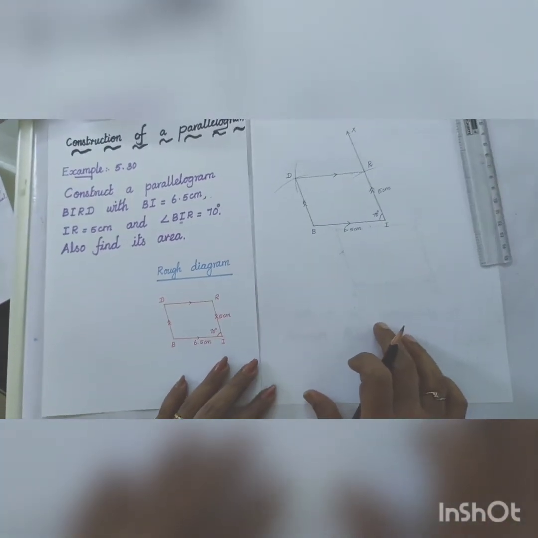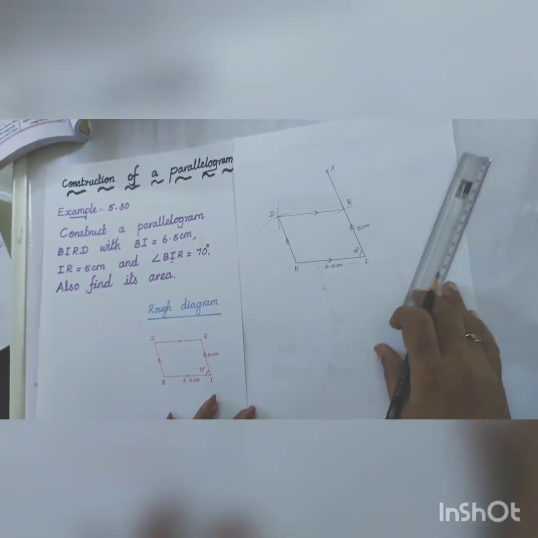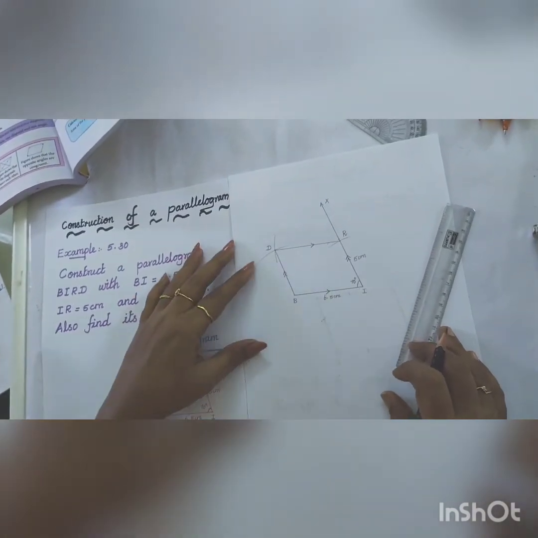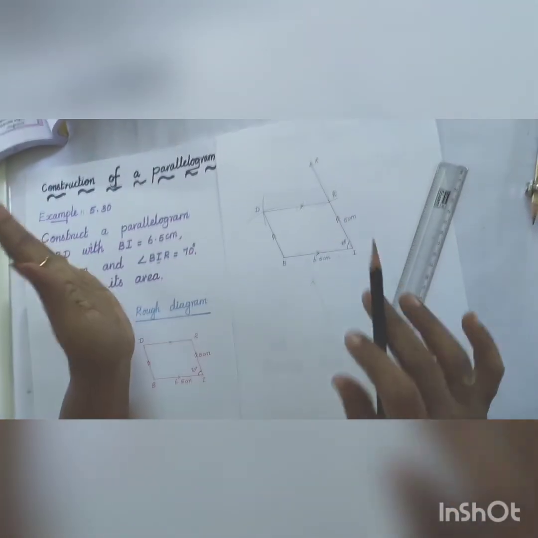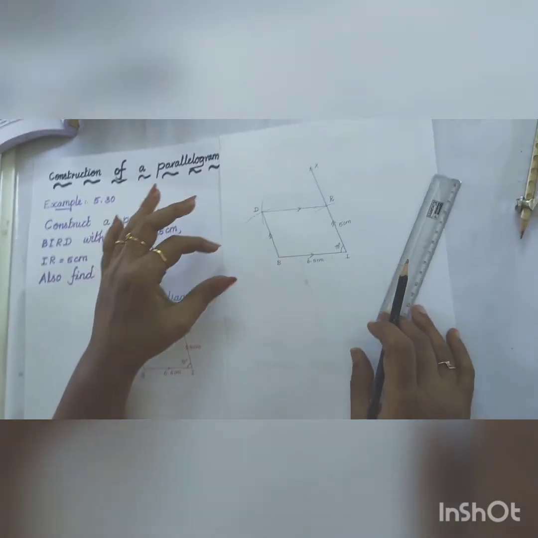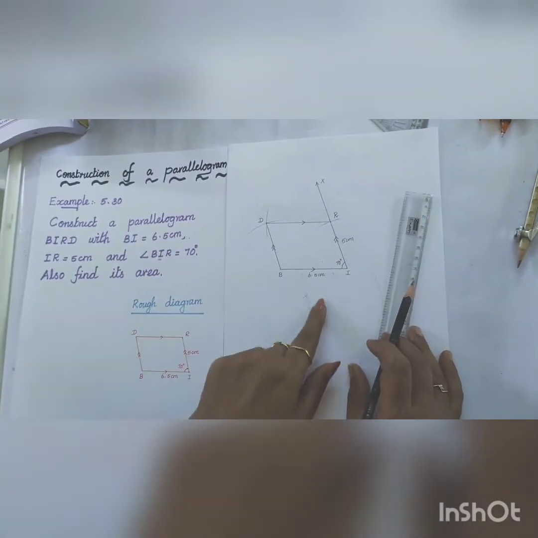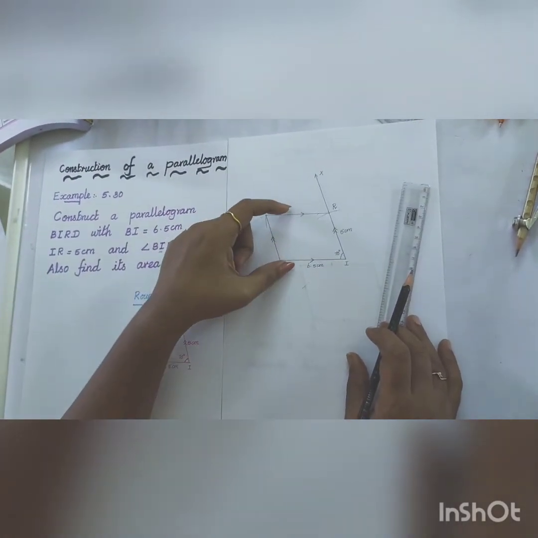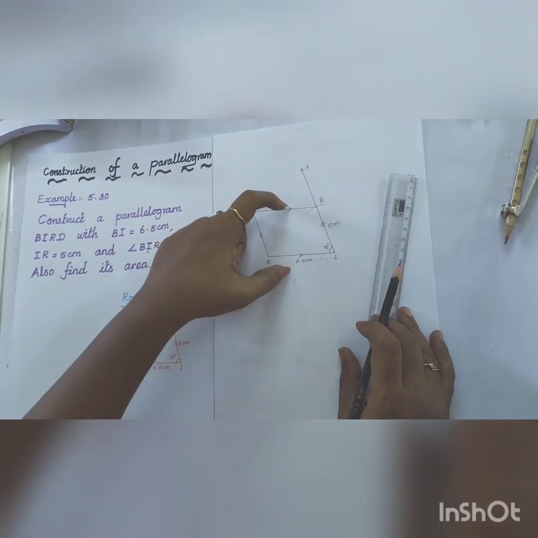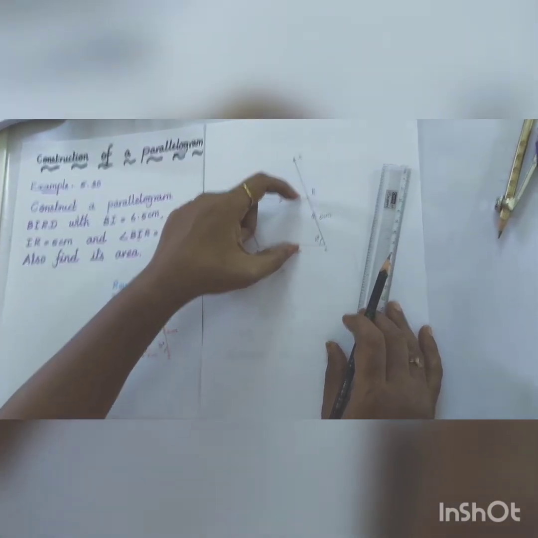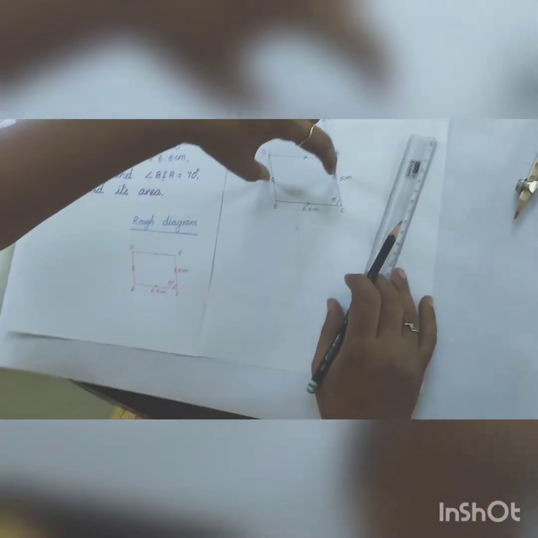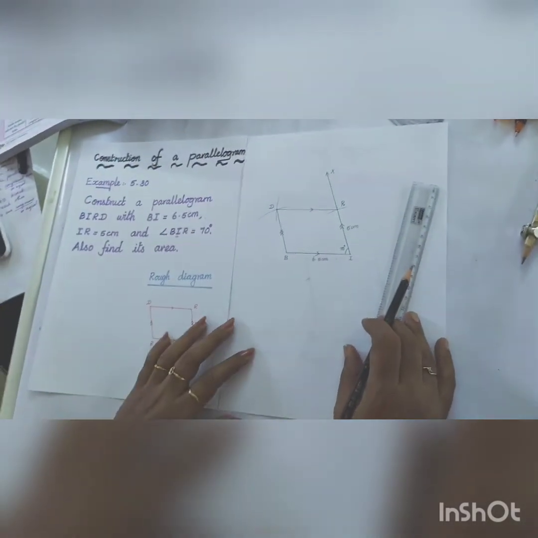Okay. Now one more work is there. This completes your parallelogram. Now we want to draw a perpendicular line between the two parallel sides. You can find it between either pair of parallel sides.